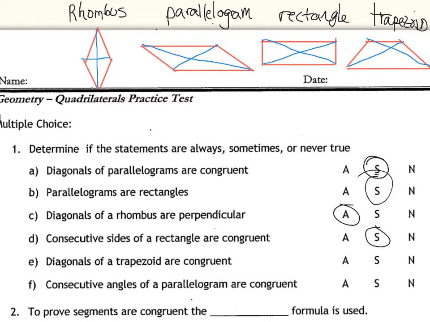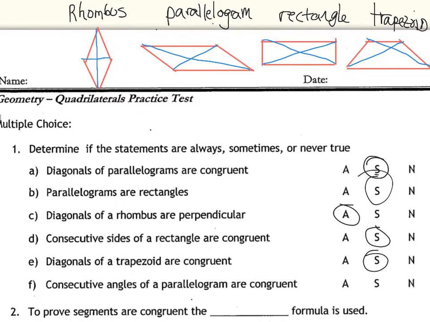Diagonals of a trapezoid are congruent. This particular trapezoid is not isosceles, so it doesn't have reflectional symmetry vertically, which means the diagonals would not be congruent, but if it was isosceles, they would be. So again, this one is also sometimes true.